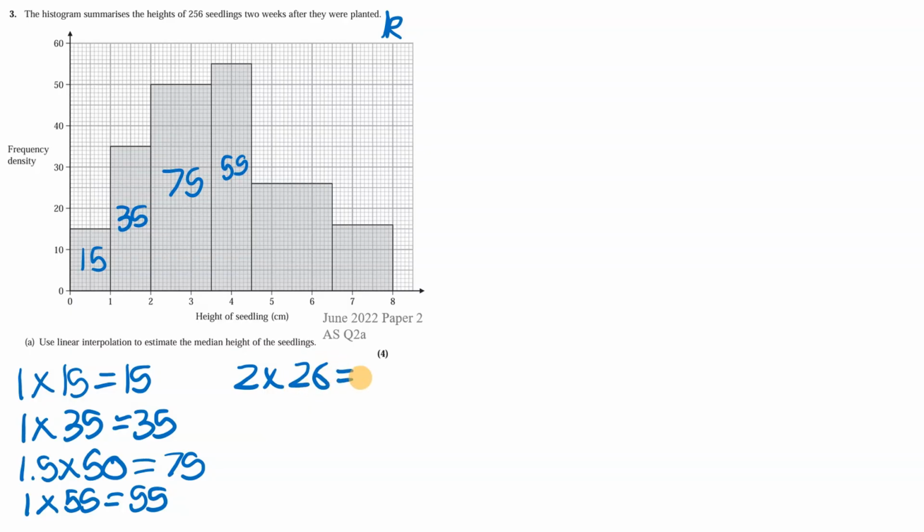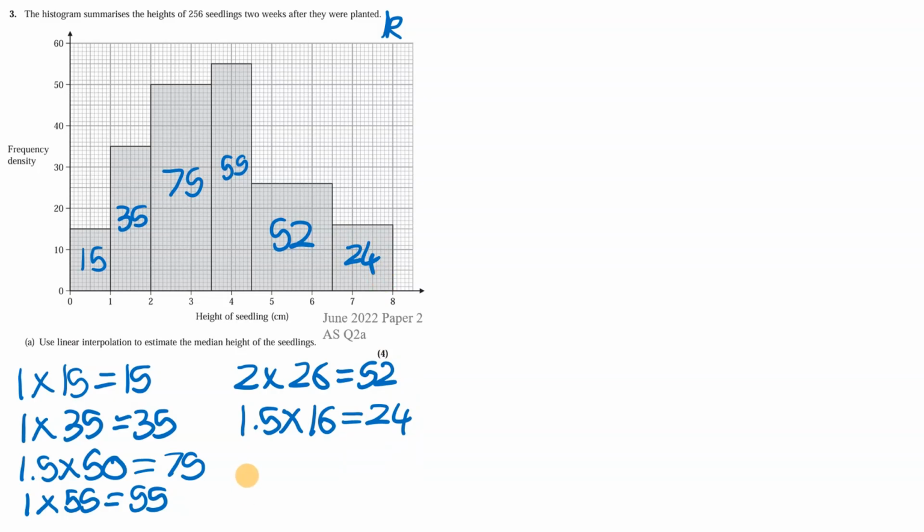So 2 times 26 is 52. For this one, it starts at 6.5 and ends at 8, so the width is 1.5, multiplied by the height of 16. So 1.5 times 16 is 24.